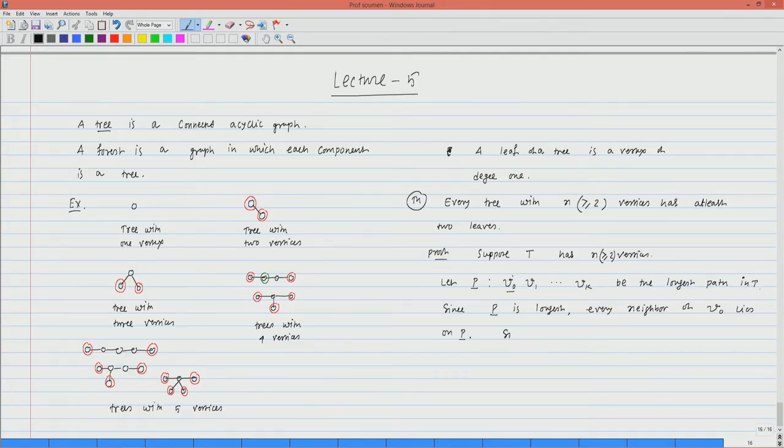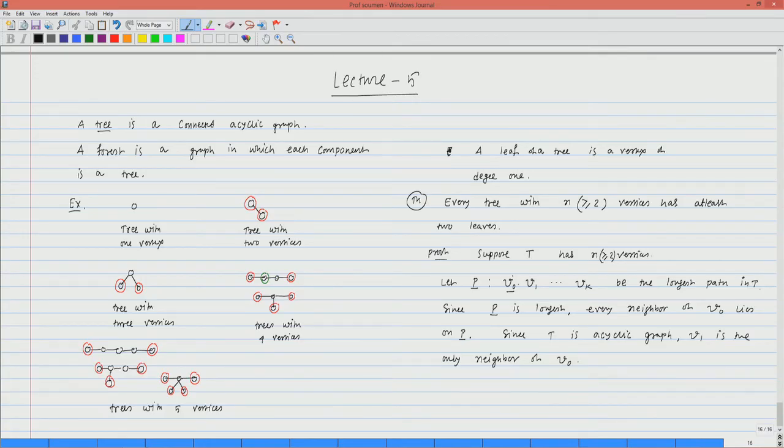And since T is an acyclic graph, V 1 is the only neighbor of V naught.